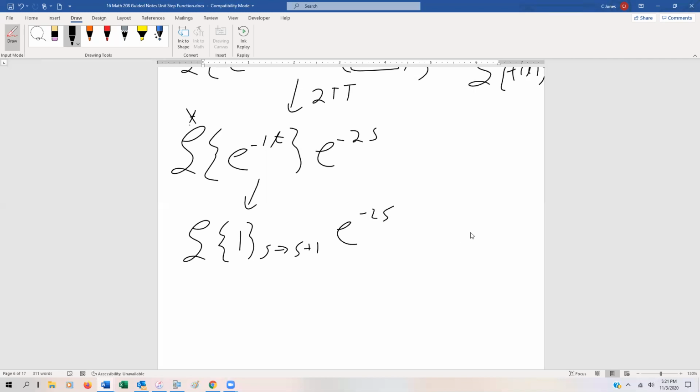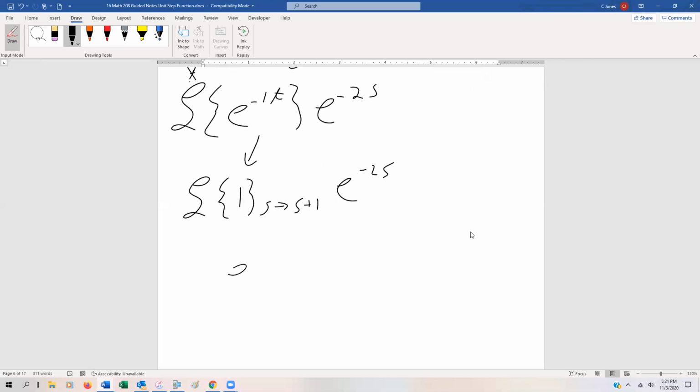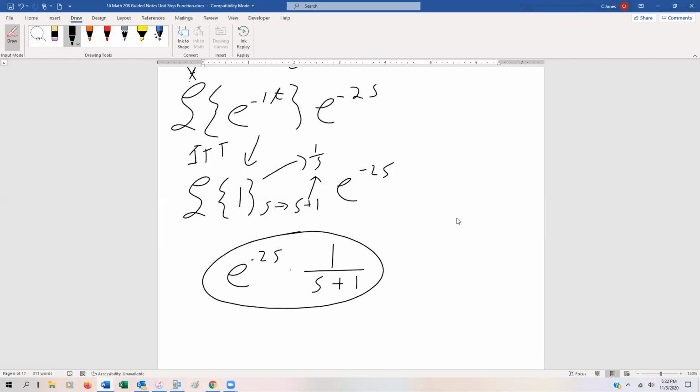And so finally, this is actually going to turn into e to the minus 2s times 1 over s plus 1. All right, because remember the Laplace of 1 is really 1 over s, but it's approaching s plus 1. So this one is just our first translation theorem. This is an example where we used both of the translation theorems to get to our solution.